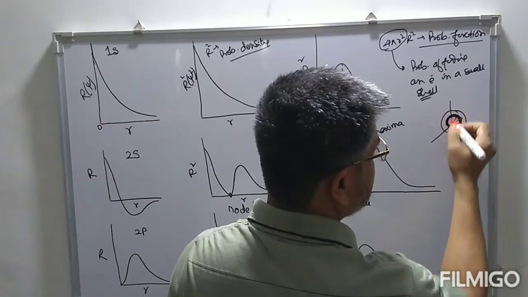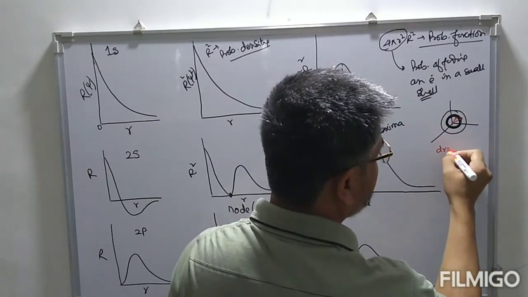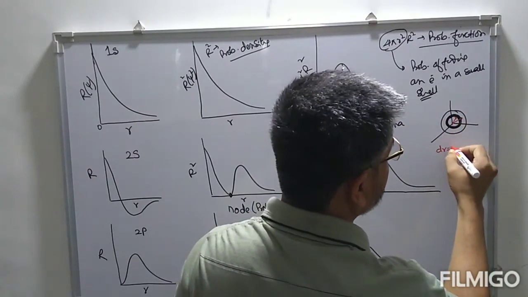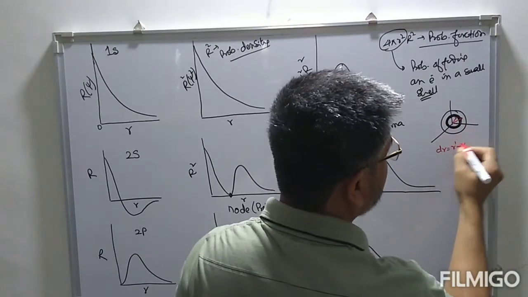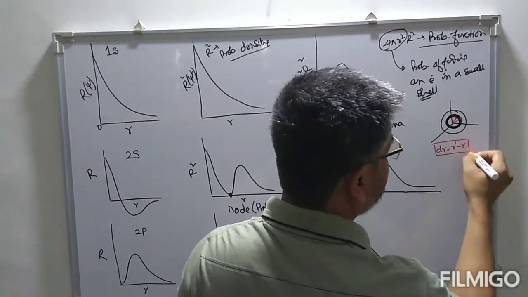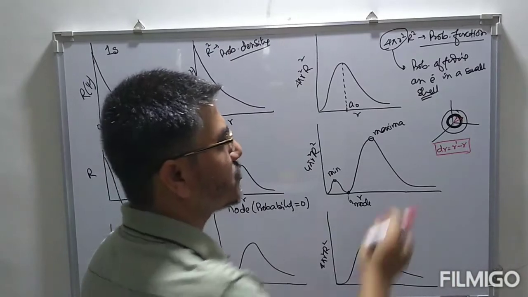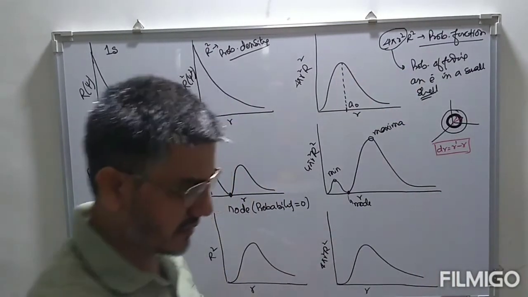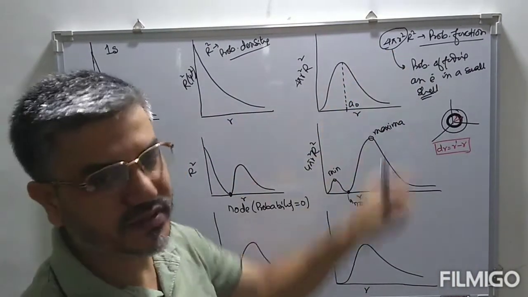This distance is r, and the larger distance is r prime. So dr is r prime minus r. The probability of finding an electron in this small shell is given by 4 pi r square dr.